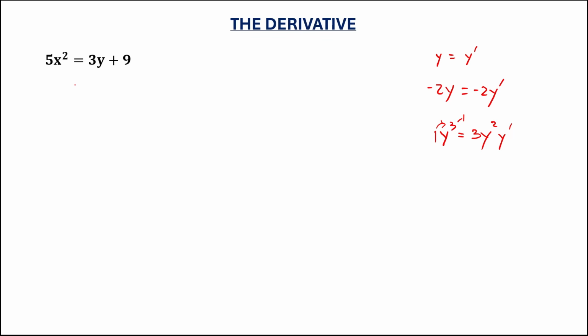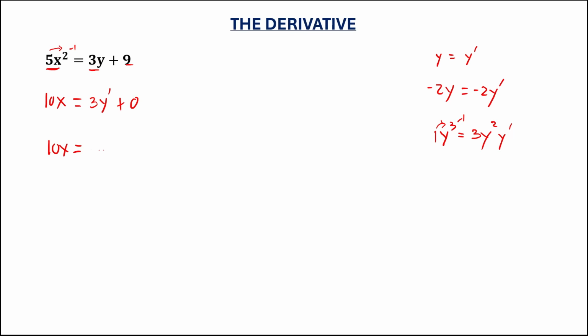So from this given, first, the derivative of 5x to the power 2, multiply, this one is 10x, minus 1 for the exponent, that becomes 1, then equals the derivative of 3y, this one is 3, and again there is a y prime, plus the derivative of a constant, this one is 0.